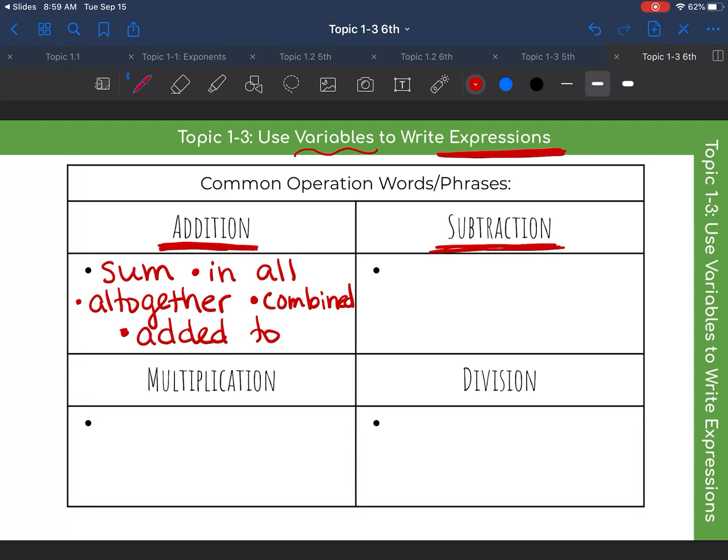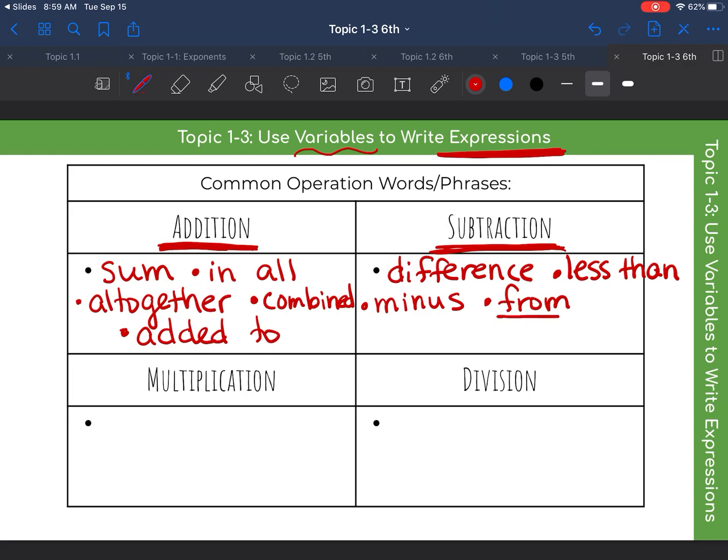Now let's think about subtraction. What are some words that tell us we're going to subtract? The biggest one is difference. Find the difference of 10 and 3. That tells us we're going to subtract them. Less than, if you hear the word less than, that tells us that we're subtracting. Minus.